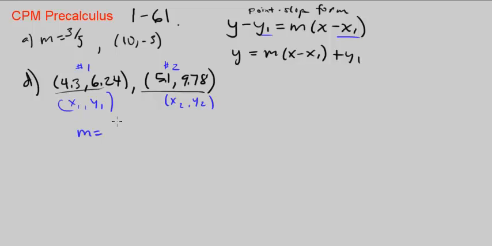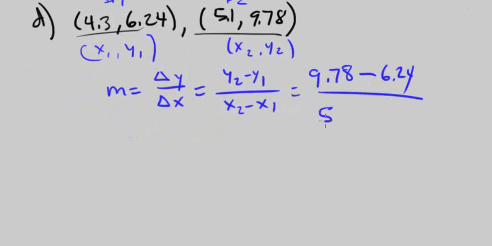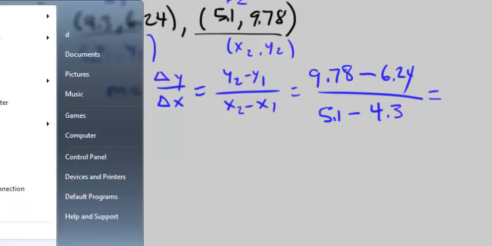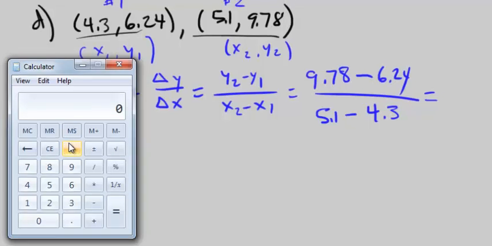Our slope now is going to be the change in y over the change in x, which is (y2 minus y1) divided by (x2 minus x1). y2 is 9.78, y1 is 6.24, x2 is 5.1, x1 is 4.3. Using a calculator, 9.78 minus 6.24 is 3.54 on the top.